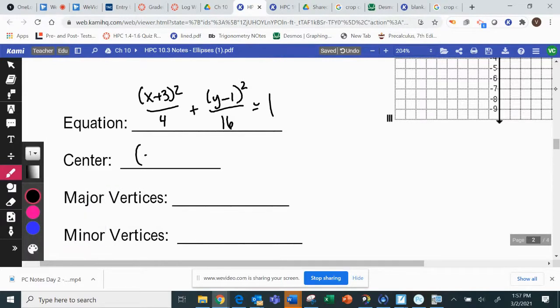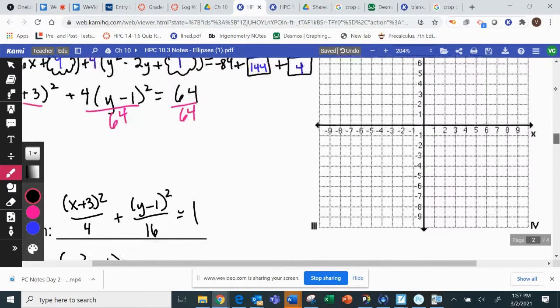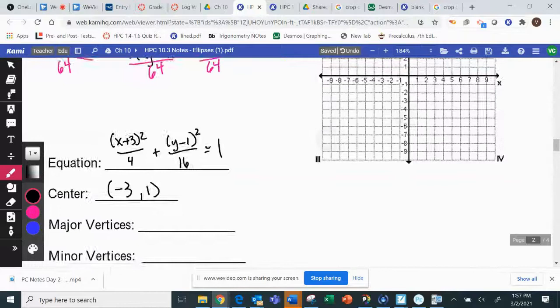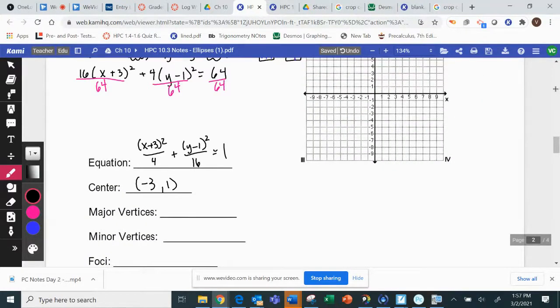Okay, so we'll have a center at negative 3, 1. And how about I stop talking, see if you can fill in some of this stuff yourself. See if you're understanding it. I will fill it in a moment, though.